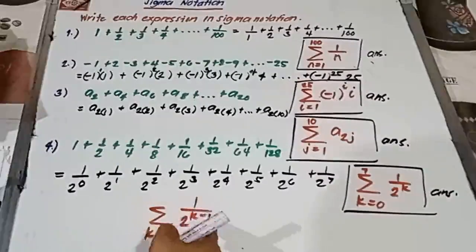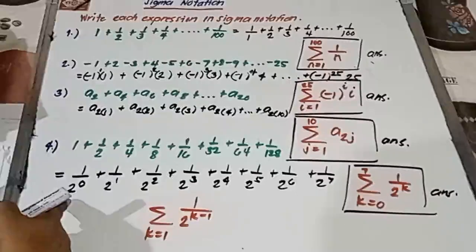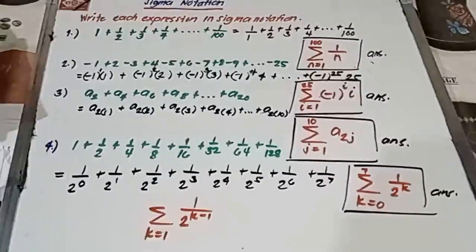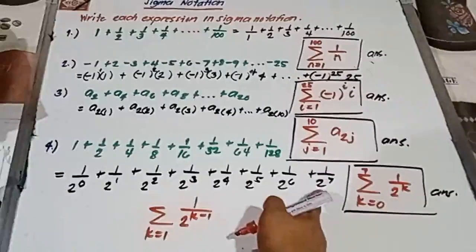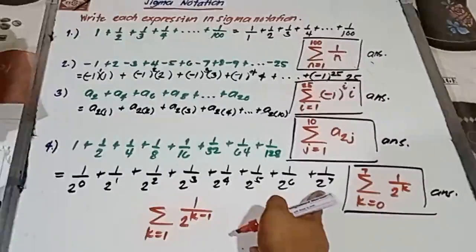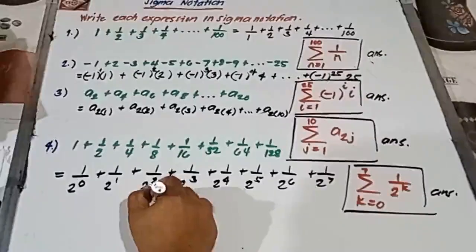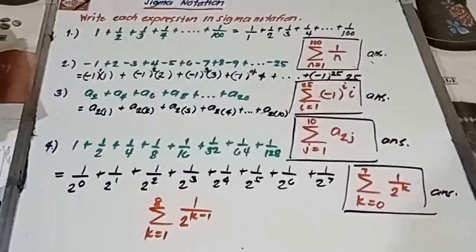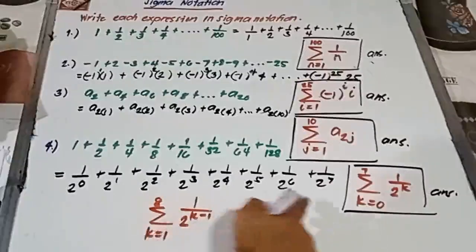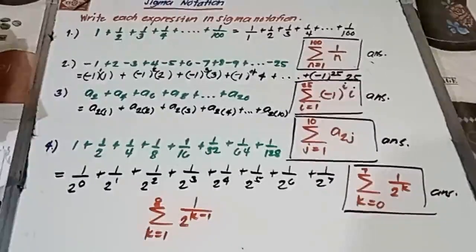So that is 1 minus 1 is 2 to the 0. Okay? Now, the last term should be 2 to the 8 minus 1. So therefore, the upper bound is 8, not 7. To obtain the last term, which is 1 over 2 to the 7.